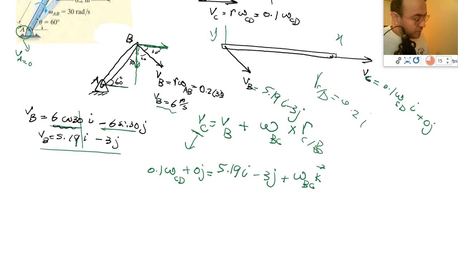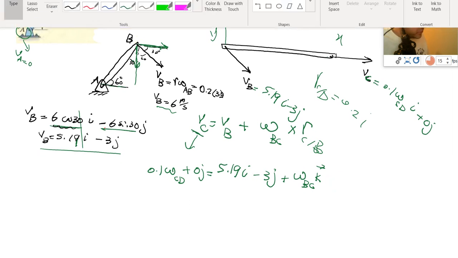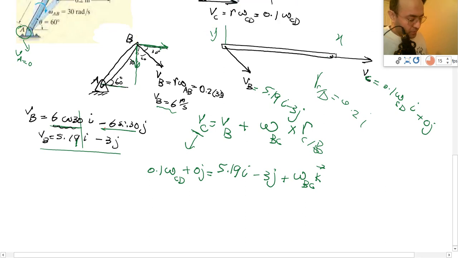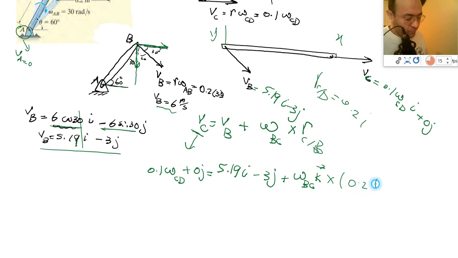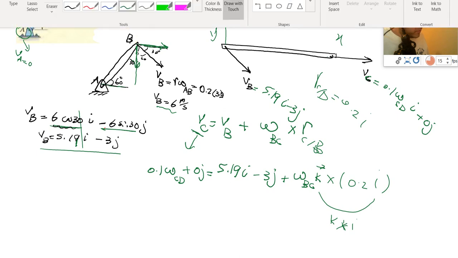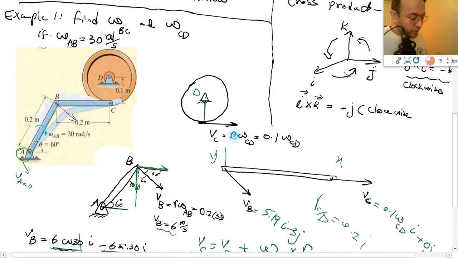Again, my pen stopped working, so I'm going to just do this type of it with the touch. So cross with 0.2 i. Okay, now I'm going to split here. So I have k cross with i. Let's go up a little bit to where we did the method I explained to you.